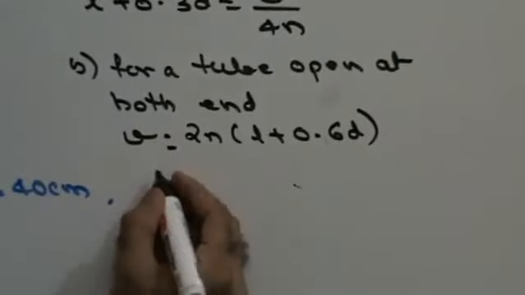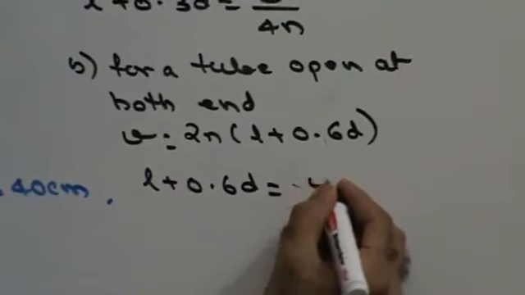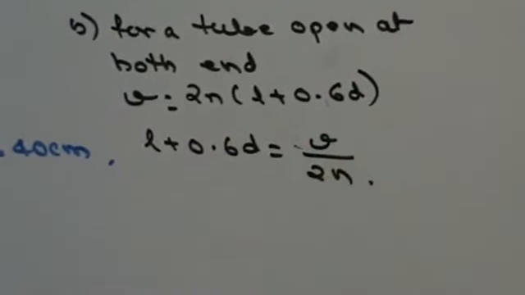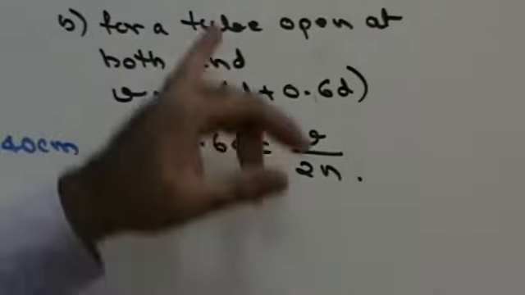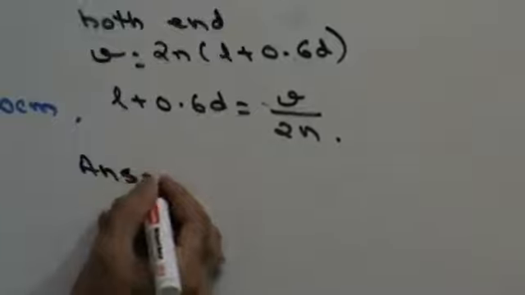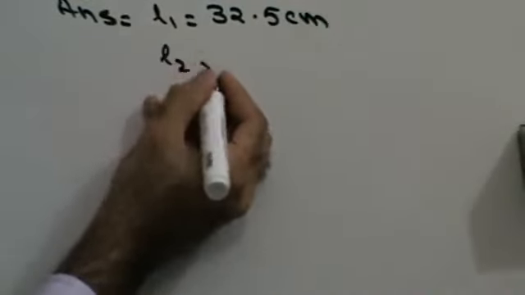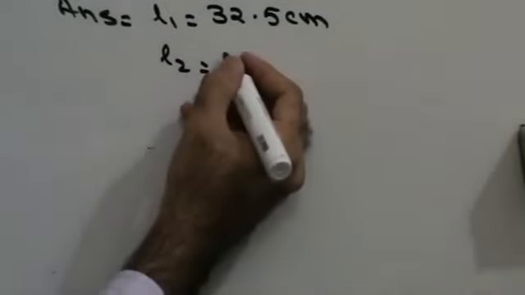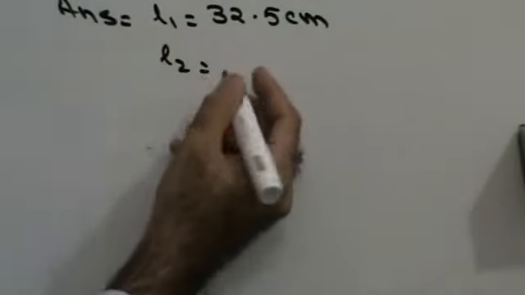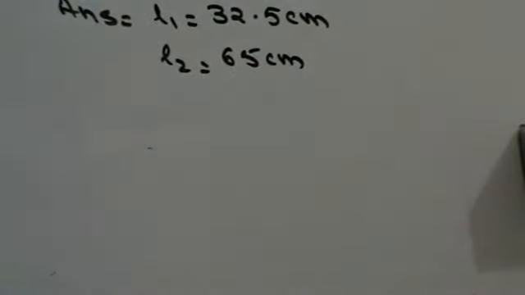So again I can say that L plus 0.6D is nothing but V upon 2N. Again you know the values of D, V and N, you should be able to get the length of the tube. The answer for this sum: for the closed tube it is 32.5 centimeters, and for the open tube it is going to be 65 centimeters. Fine, do we get this?